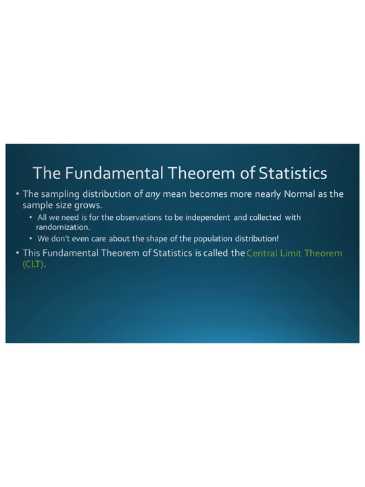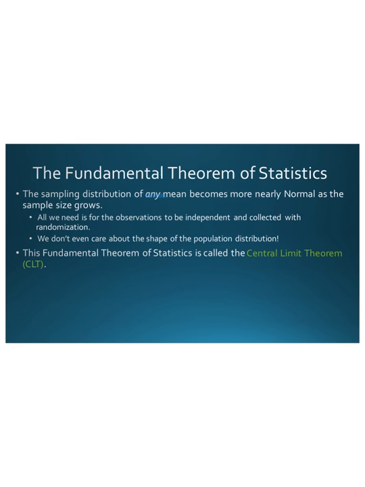The sampling distribution of any mean becomes more nearly normal as the sample size grows. This was demonstrated in our dice activity and our random table activity: as our sample size increased, our distribution, histogram or dot plot, became more and more fairly symmetric.